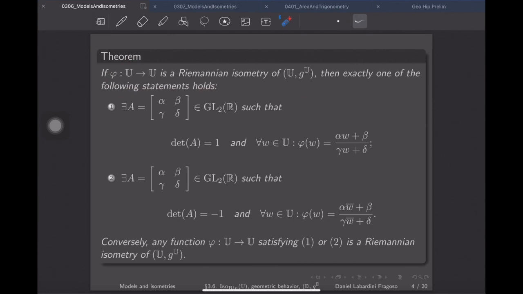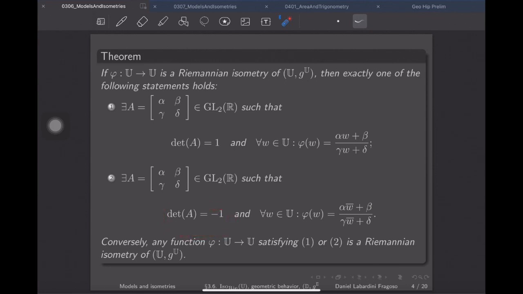We saw that any such Riemannian isometry is given either as the Mobius transformation associated to a matrix in SL2R, or by a Mobius type formula, a Mobius formula applied to the conjugate of the point we want to apply the isometry to, but with the matrix having determinant -1, right?